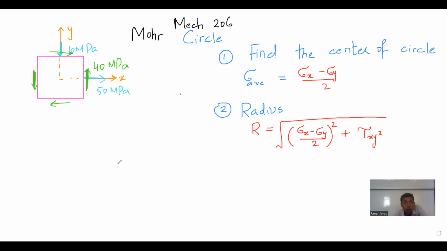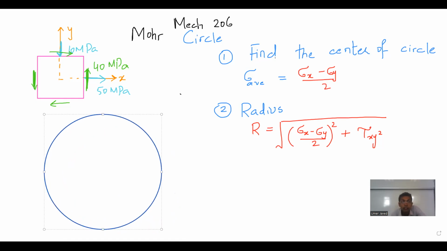Okay, so let's draw a Mohr circle. Number one thing, you will find the center of the circle, that will be the average stress. So why don't you tell me the average stress using your calculator today? Tell me the center of the circle, please. 30.